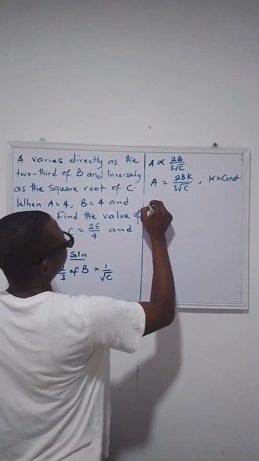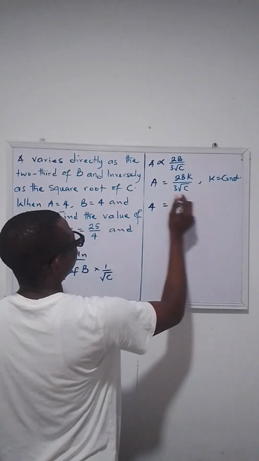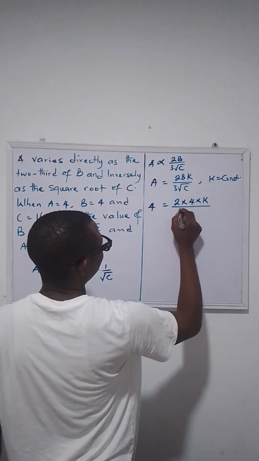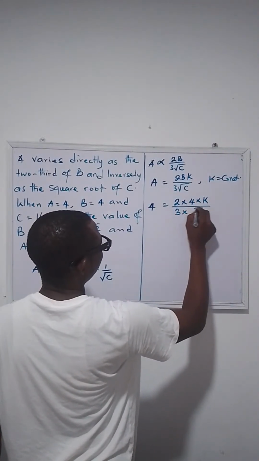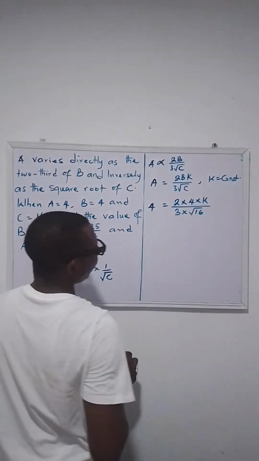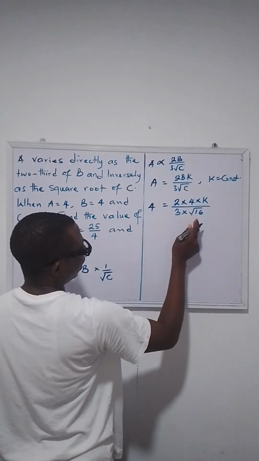A is 4, so we have 4 equals 2 times B, which is 4, times K, everything over 3 times square root of C. C is 16. So let's cross multiply.